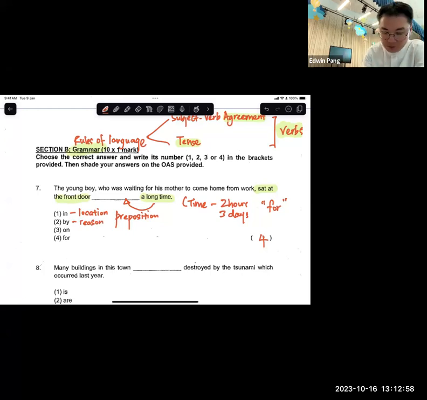On is usually a specific day or place. He arranged to meet me on Monday, right? And I saw him climbing on the plane. So it could be a place or a day. On is quite versatile. And of course, for is for time.